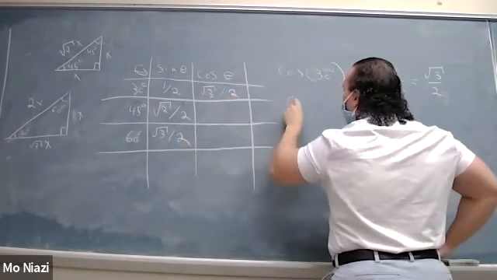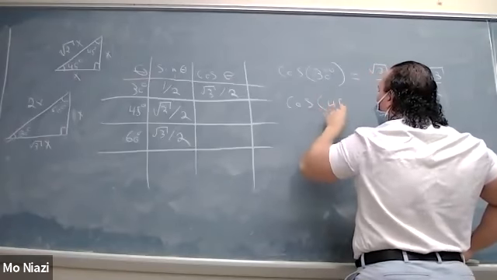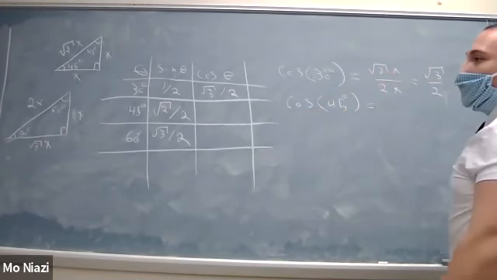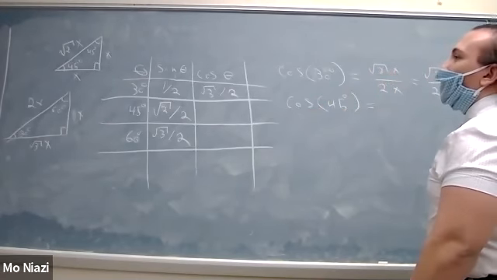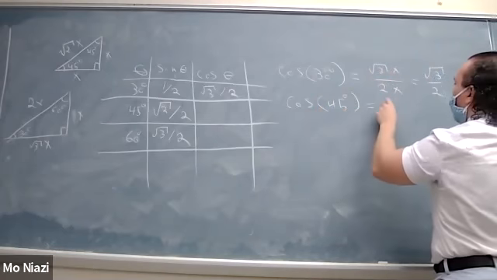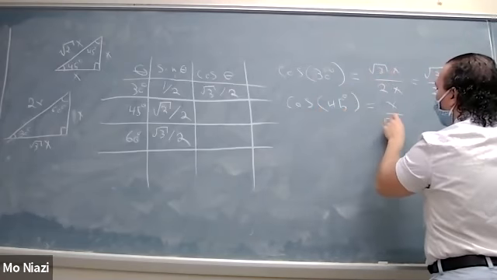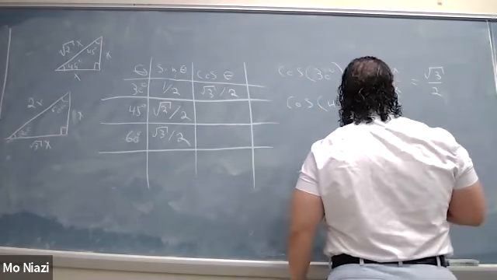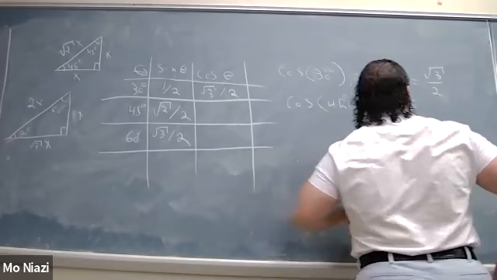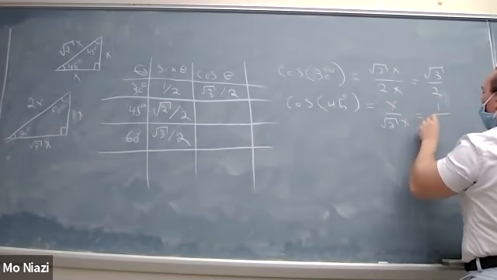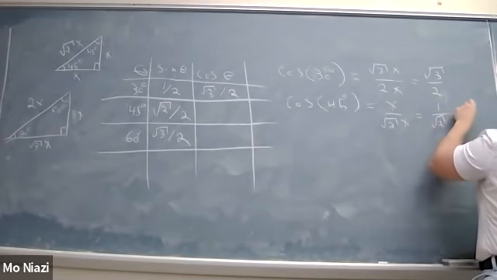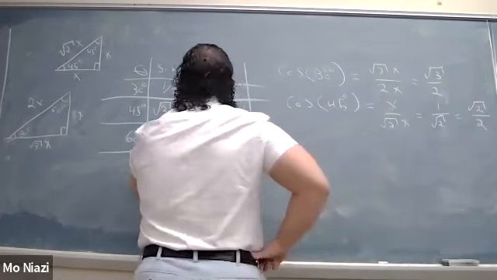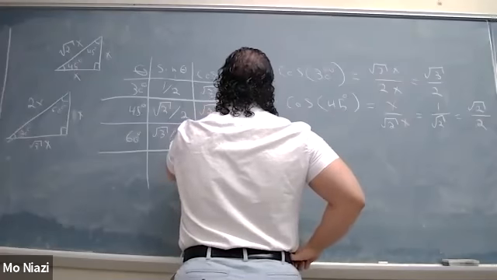What's the cosine of 45? X over square root of 2x. So this becomes 1 over square root of 2. When you rationalize the denominator, you get root 2 over 2. So this becomes root 2 over 2.